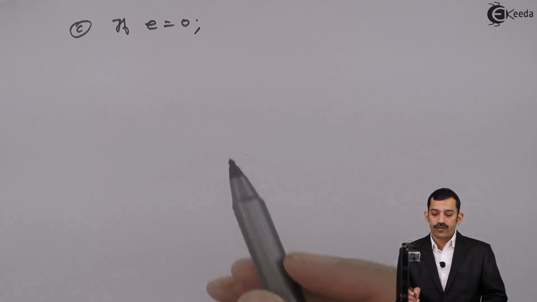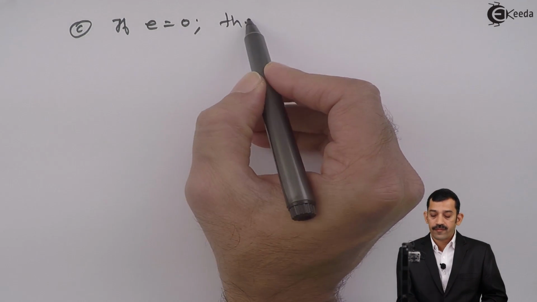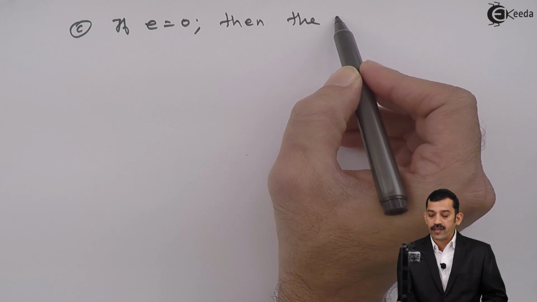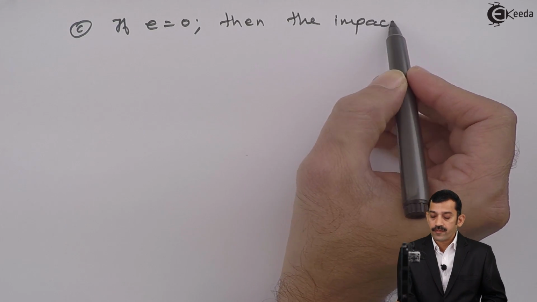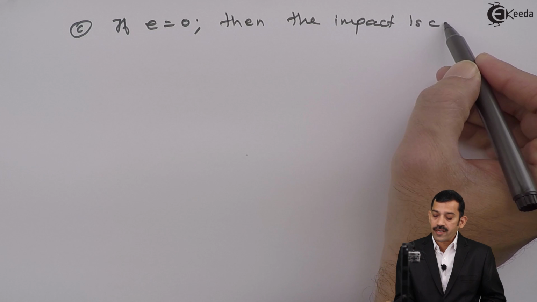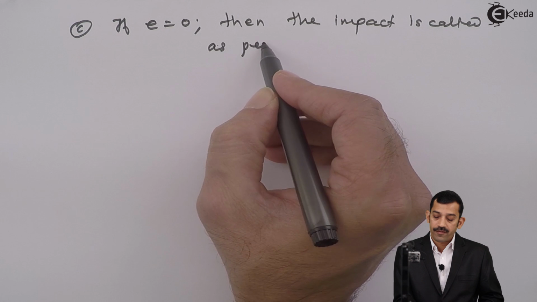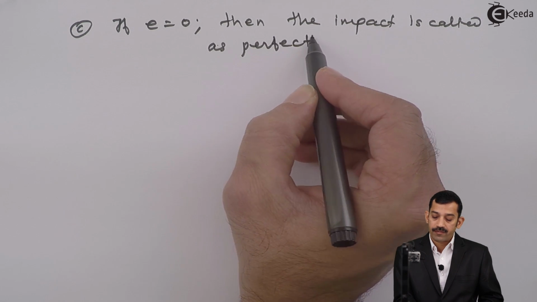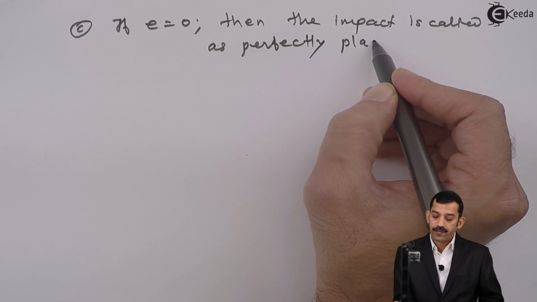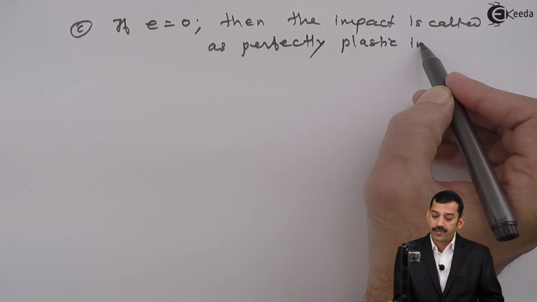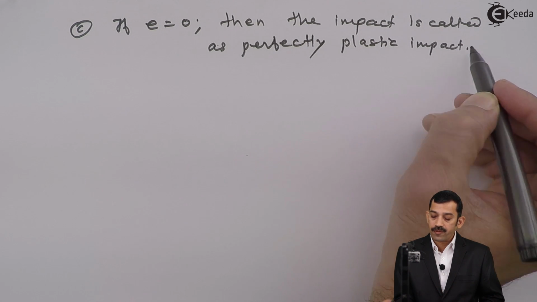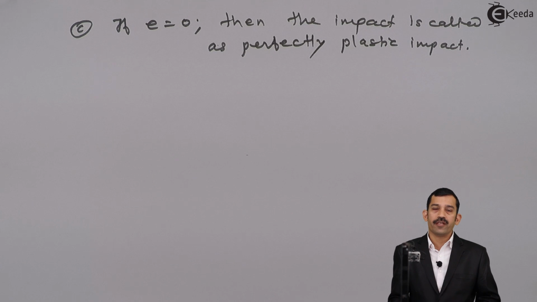If E equal to 0, then the impact is called perfectly plastic impact. That means from the range of values of E, you will get three different types of impacts. When E equal to 0, the impact is perfectly plastic.